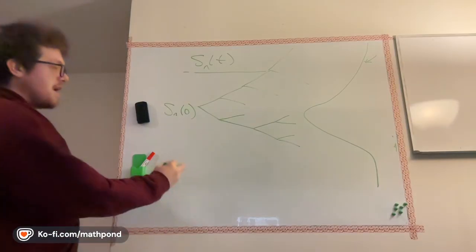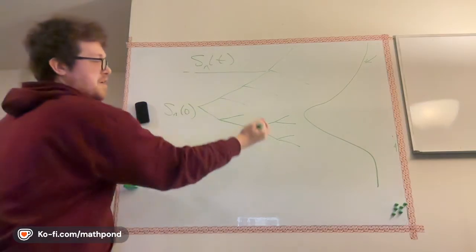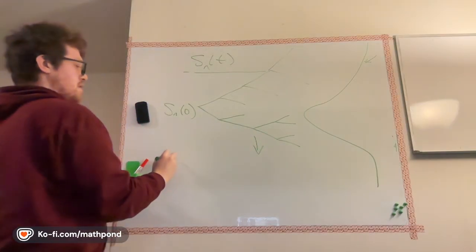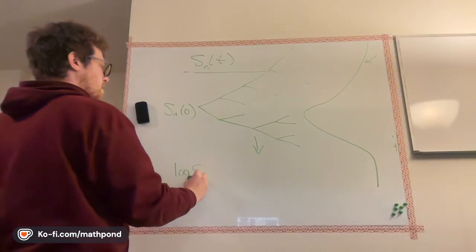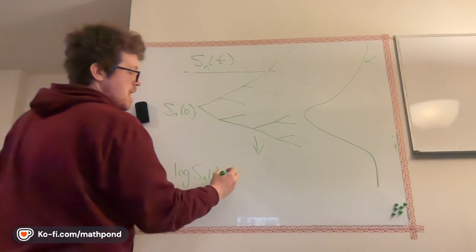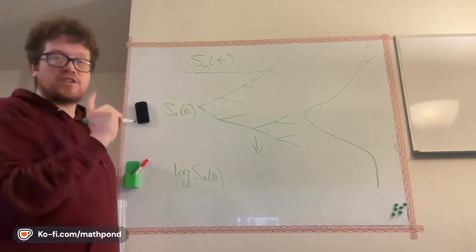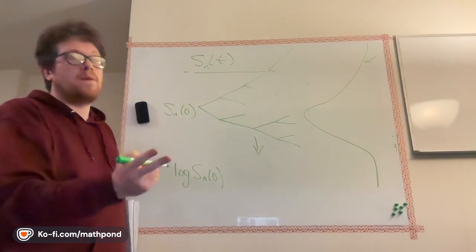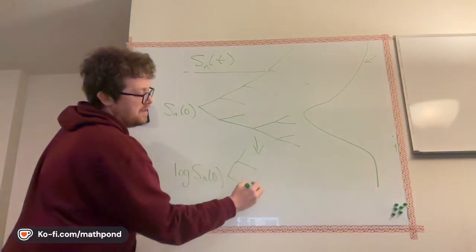Of course, in the log variable, if you transform everything in this picture, so you just take this whole picture and apply log to everything, then you get log Sn of 0 at the bottom. But now the up and down factors in the log scale are actually adding or subtracting the same amount. So in here, the graph is actually perfectly symmetric.